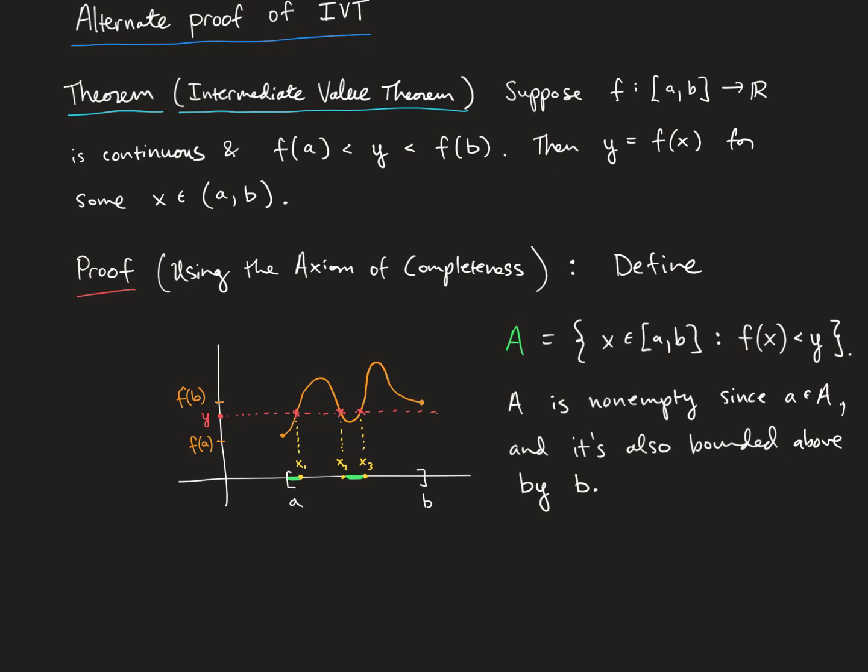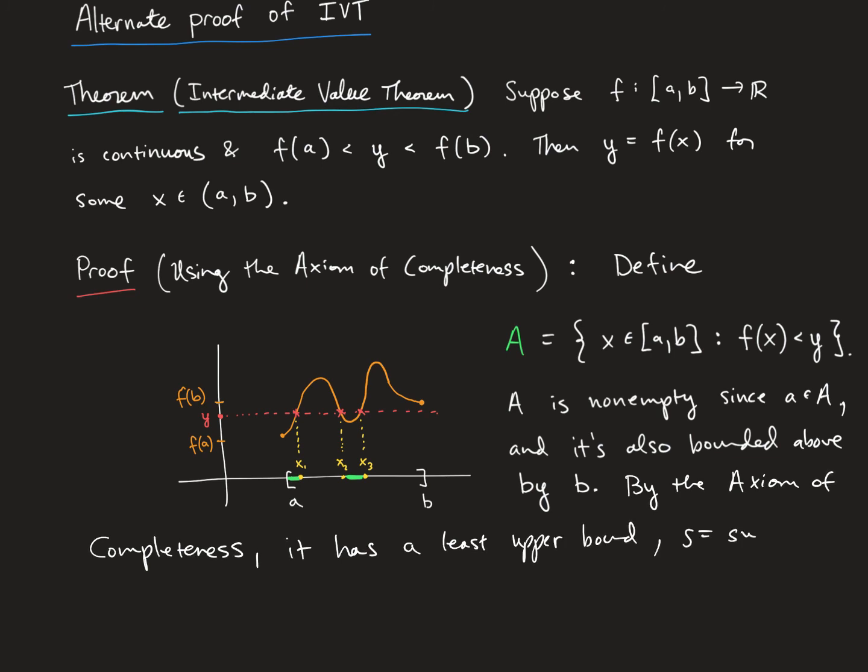Thus, by the axiom of completeness, it has a supremum, a least upper bound, s equals sup of A. What we'd like to do is show that f of s must in fact be equal to y.